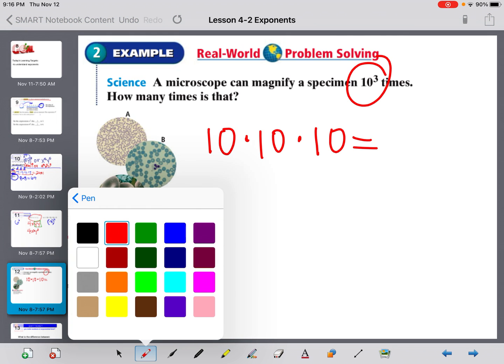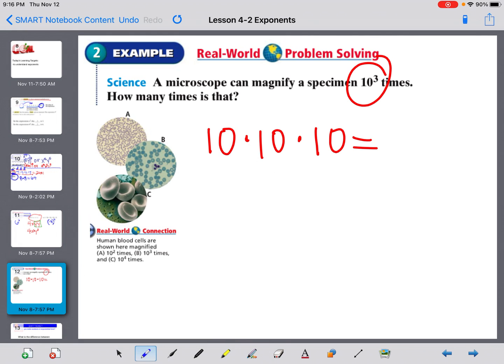Shortcut for tens, people. Are you listening? Count the zeros. 1, 2, 3 zeros. Shortcut for tens only.